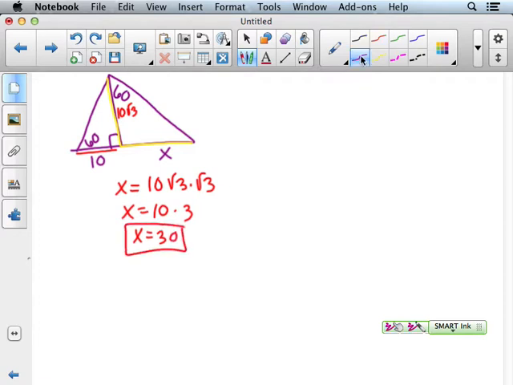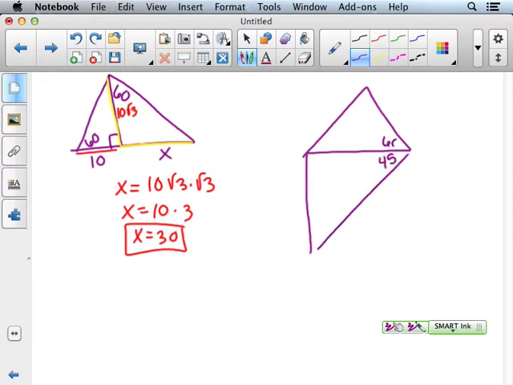The next one on number 9. So now we're dealing with some 45, 45, 90s and 30, 60, 90s. Here they tell us this is 6. And in this case, that's our long leg. So I know that 6 equals the short leg times square root 3.